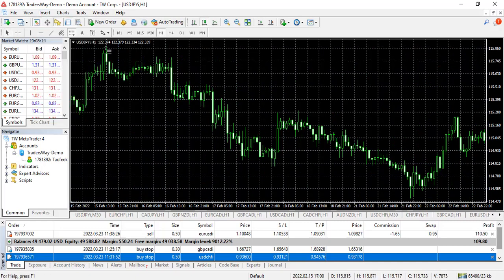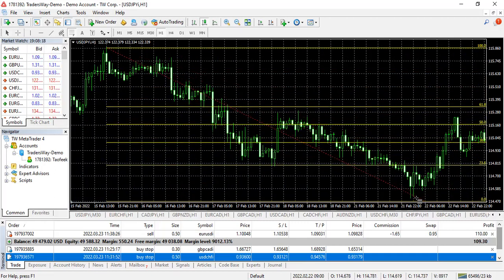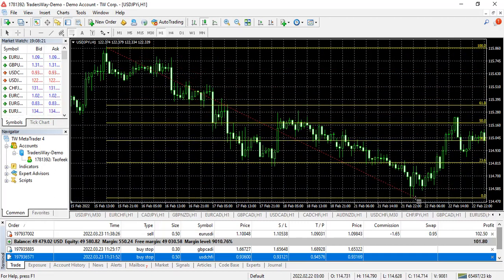Then I take it from here, drag it to my lowest swing low here, then place it. So this is how to draw and plot a Fibonacci retracement on MT4, either in an uptrend or downtrend.